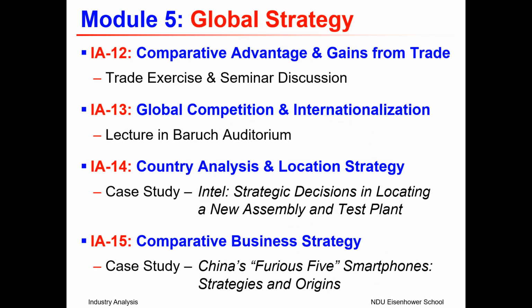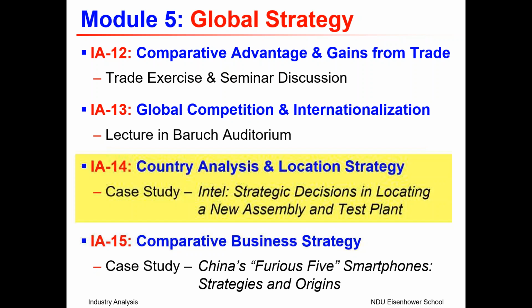And I talk about the different lessons that are in this module. So far, this will be Monday, when we're teaching this class, we will have covered the comparative advantage gains in trade, the basic idea of why nations trade. IA-13 is about what it means for international strategy and global strategy at the firm level, which will be the lecture in Baruch.